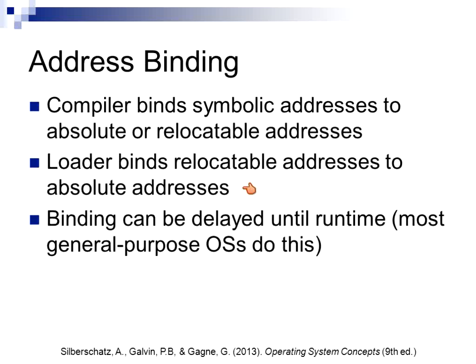So it can bind that relocatable address, which is really just a displacement from the beginning of the program. It now knows where the program actually is loaded in memory, and so it can add all those displacements onto the beginning address and come up with that absolute address.